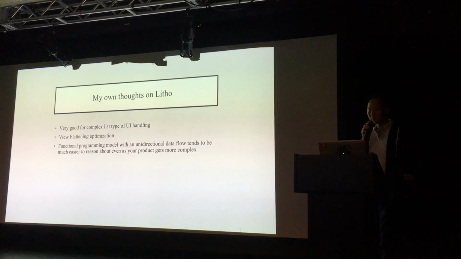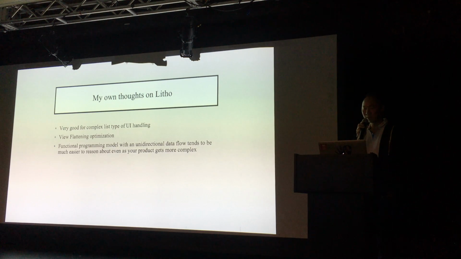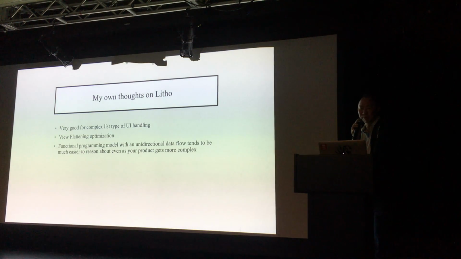So my own thoughts on the result is very good. It's very good for complex list types. View flattening optimization will make our life very easy. If you're a fan of functional programming model, with an unidirectional data flow it tends to be much easier to reason with even if the product gets more complex.